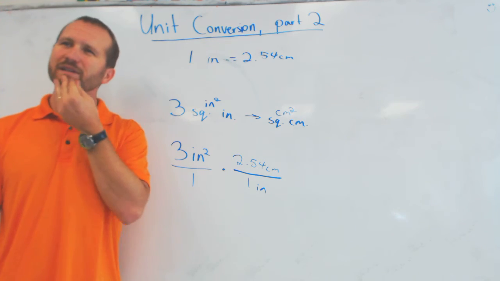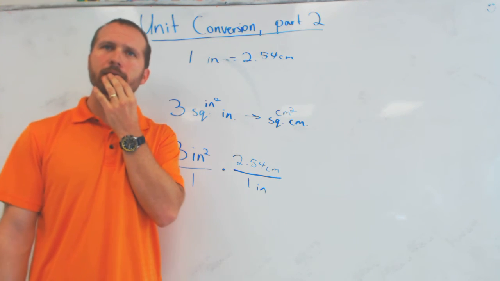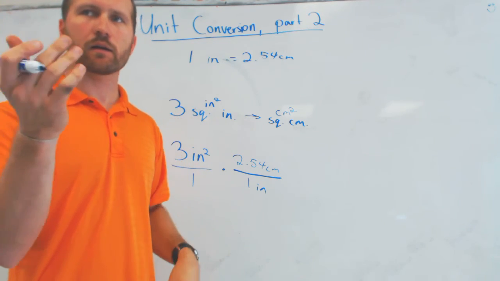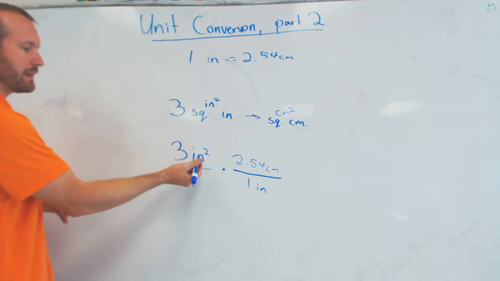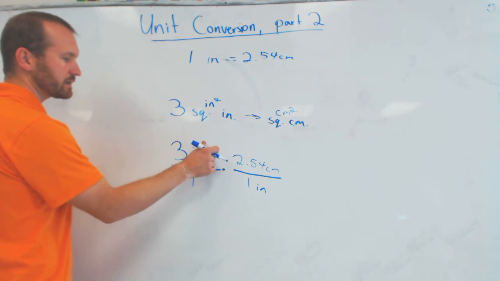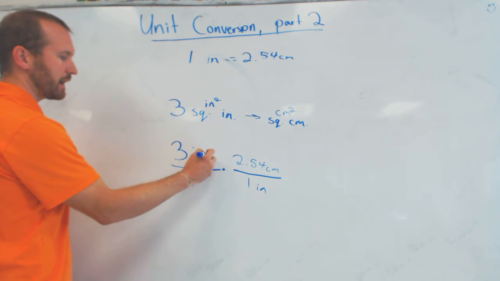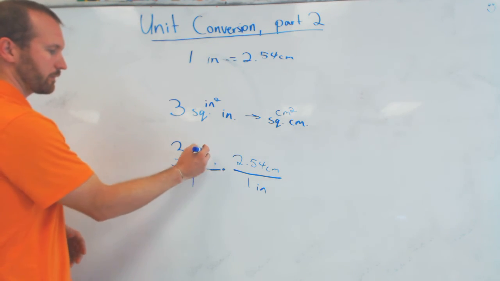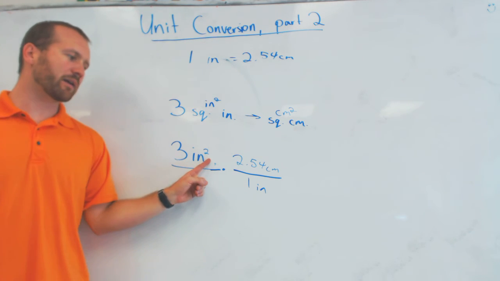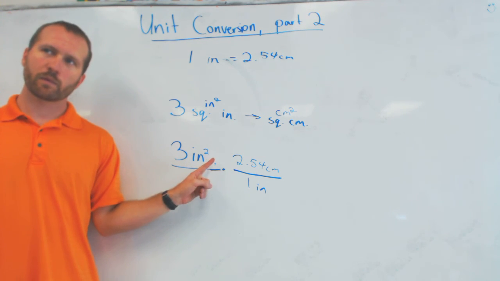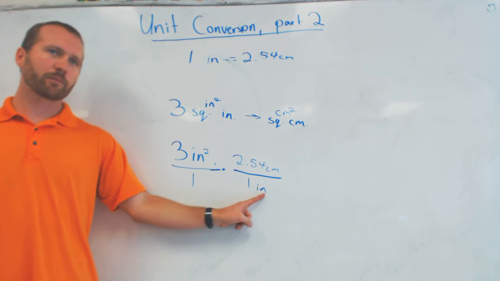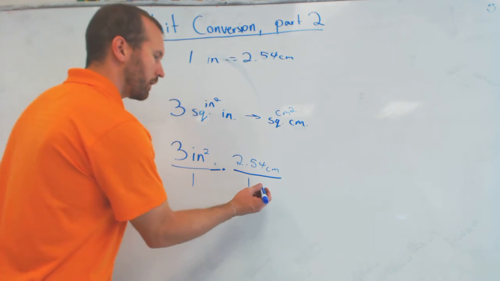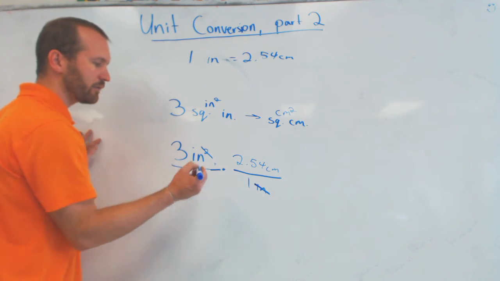Now, what does square mean again? Like in algebra, what does square mean? Yeah, something times itself. So would you agree with me that technically this says 3 inches times inches? That's the same thing as 3 square inches. So if I have square inches and I want to cancel it out, 1 unit multiplier isn't enough to do it. I need 2. This will cancel with one of these.